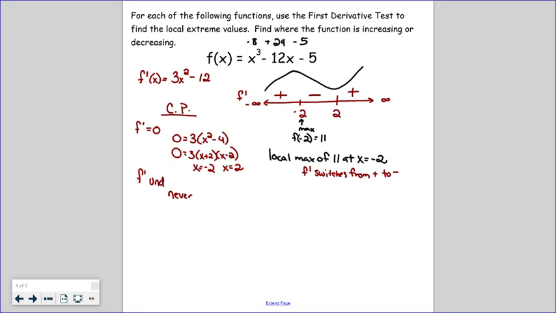Good so far? The second one we see, where the negative slopes turn to positive slopes, means we have a minimum there. Again, go to my function to figure out the value of that.